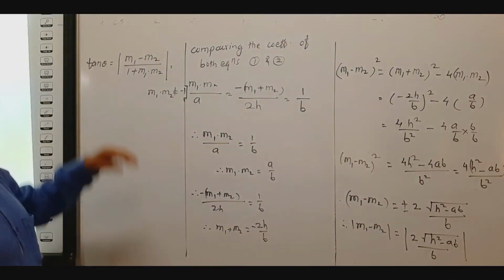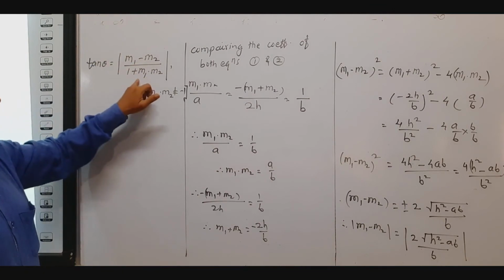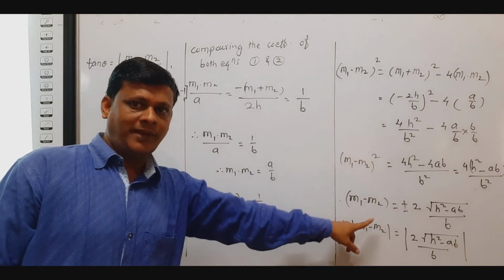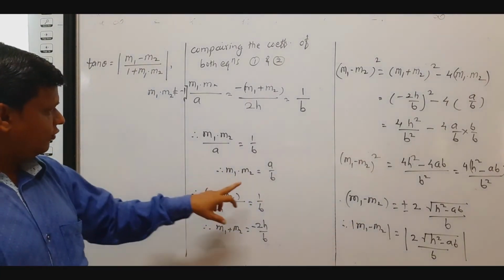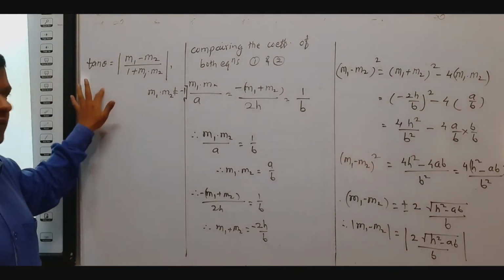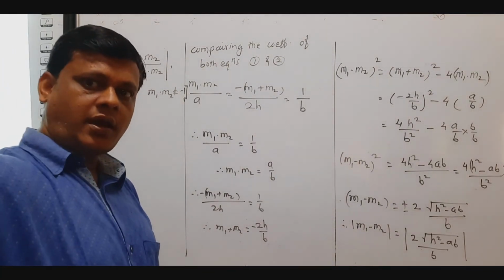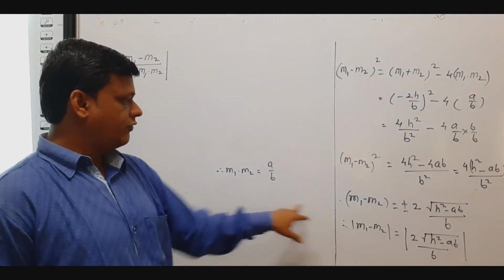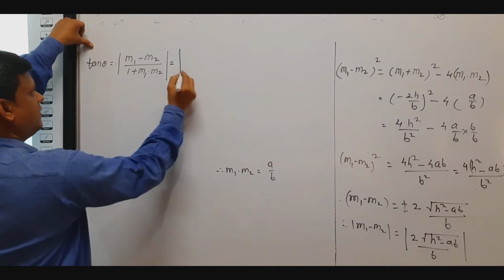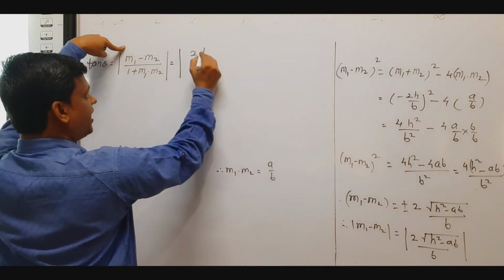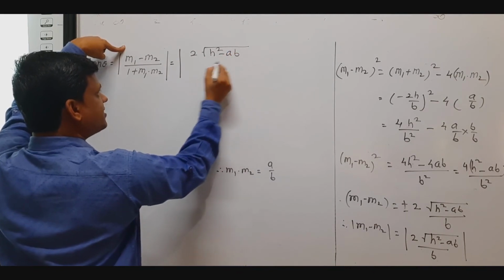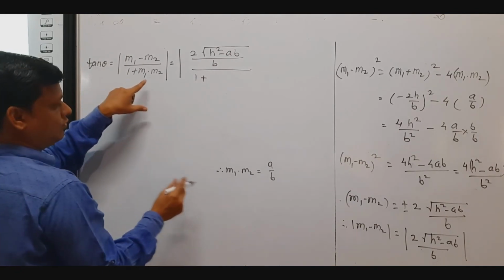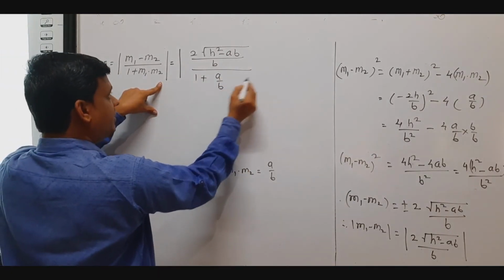Now this is the value of m1 minus m2, and we have the value of m1 into m2. So using these two values in this formula we get the required angle. So we substitute: m1 minus m2 is 2 times under root h square minus ab upon b, upon 1 plus m1 into m2, that is 1 plus a by b.